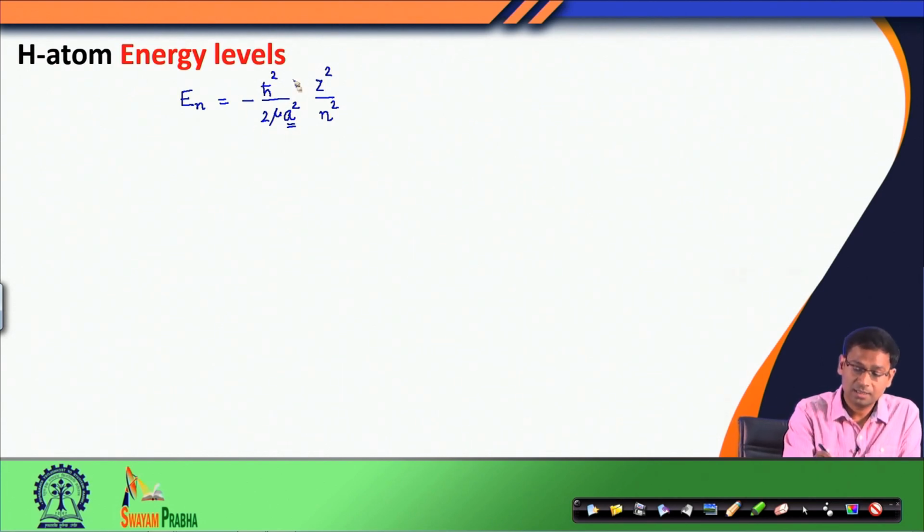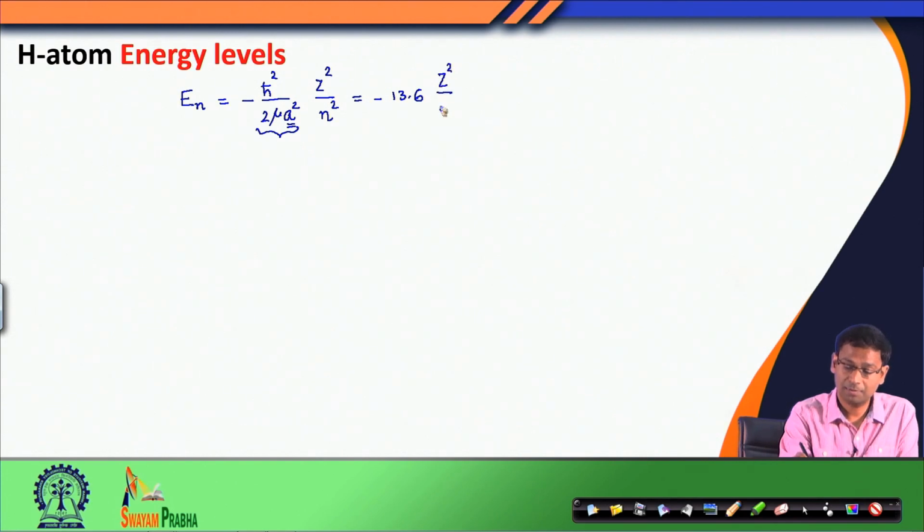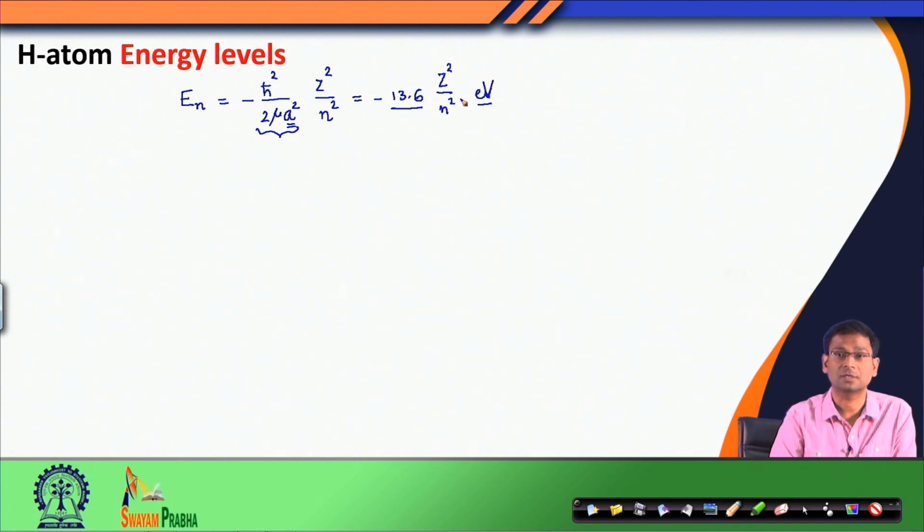So, together this quantity is also a constant and its value is 13.6 electron volt multiplied by z square by n square, and this expression is now given in electron volt unit, because we have used the values of these constants and converted this quantity to electron volt unit, and this value is minus 13.6.